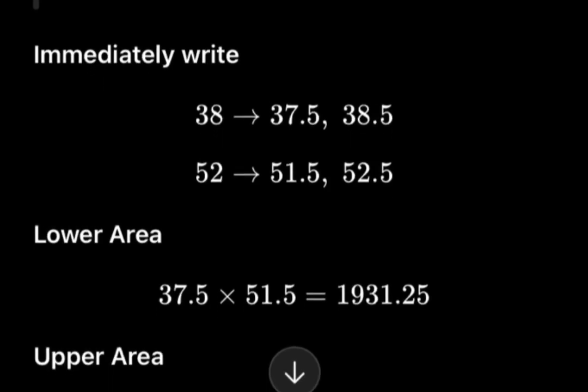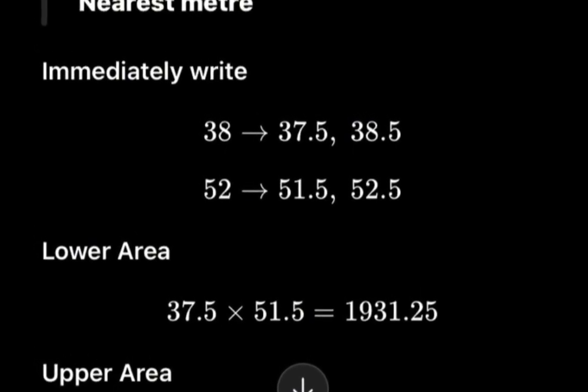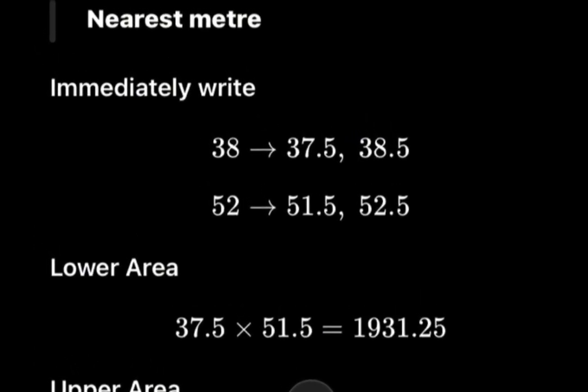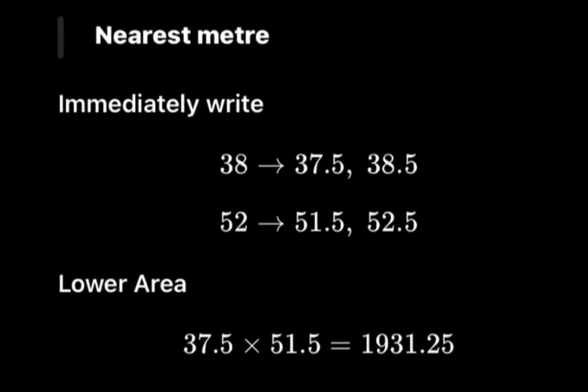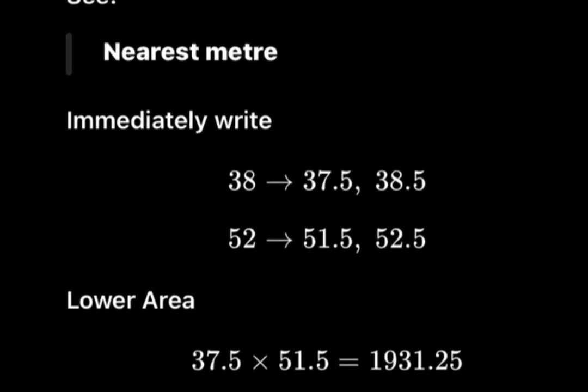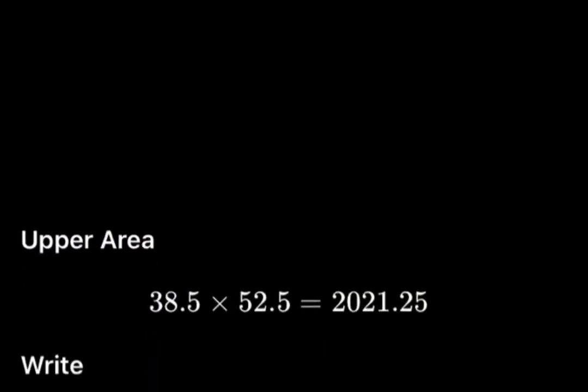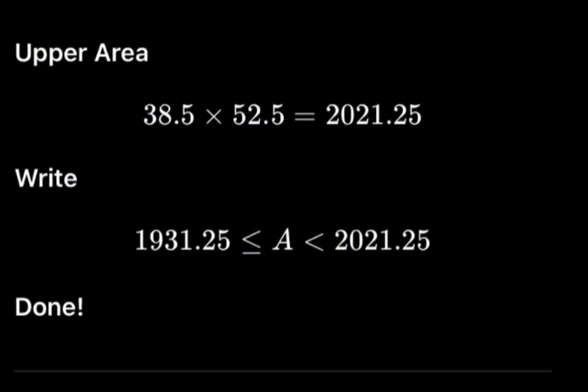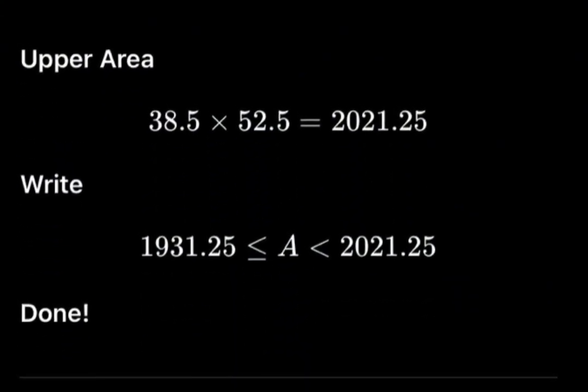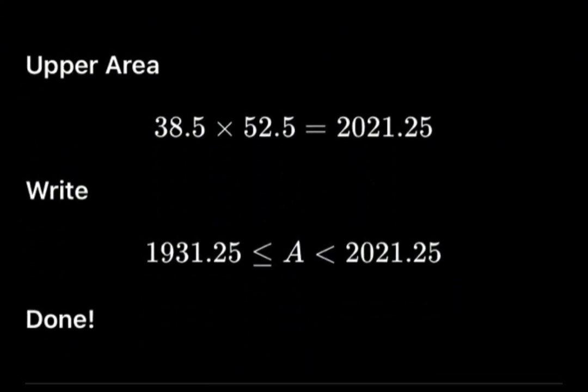Now for the lower area, we multiply the lower boundaries, which is 37.5 multiplied by 51.5, which gives us 1931.25. For the upper area, we multiply 38.5 by 52.5, which gives us 2021.25. So we write 1931.25 is less than or equal to A, which is less than 2021.25. Done. Less than 20 seconds is possible.